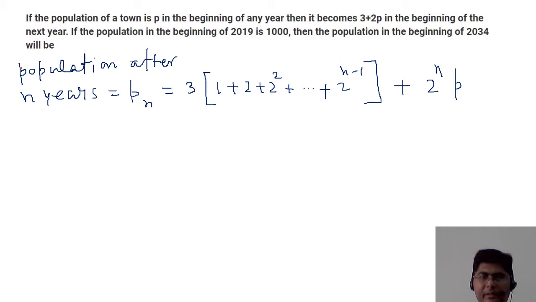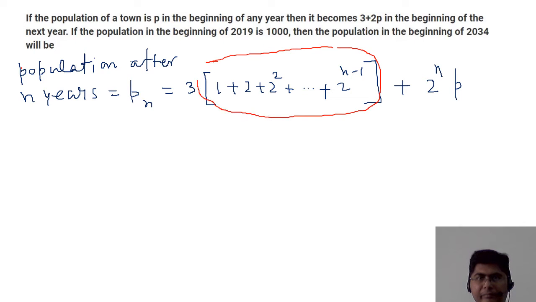Okay, just look at here. How does it look like? It is a GP series. What is the formula of this GP series when the common ratio is more than 1?